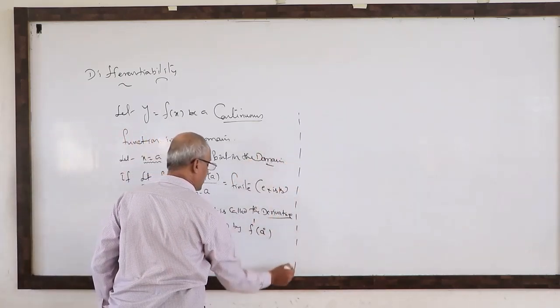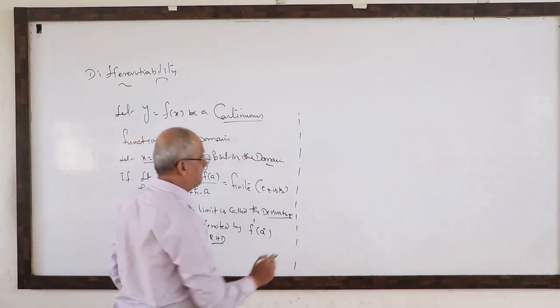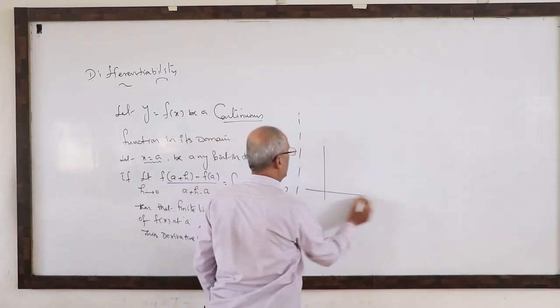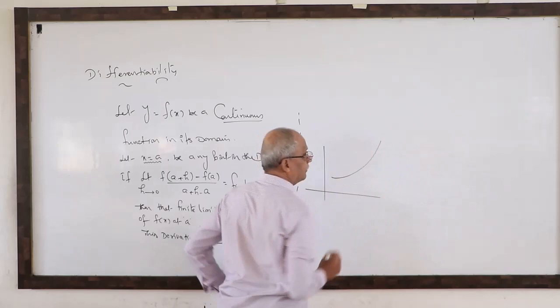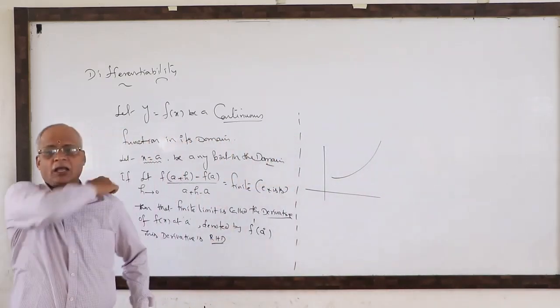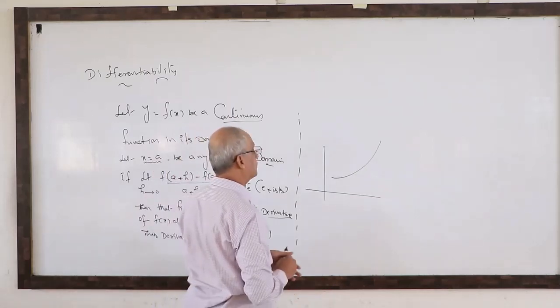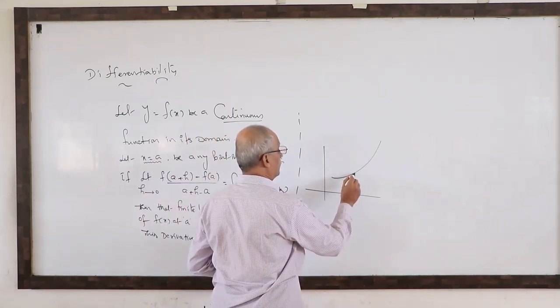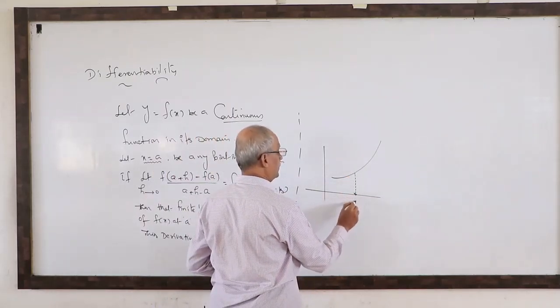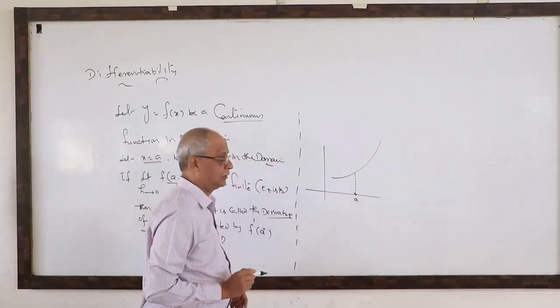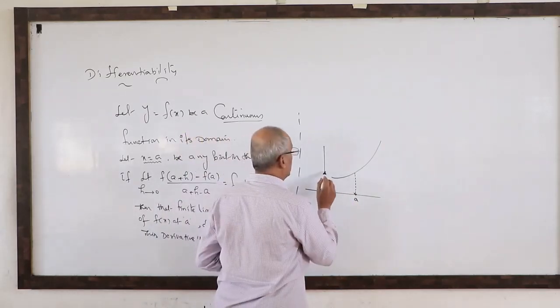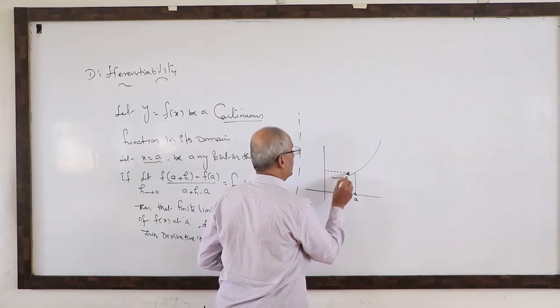What will be the diagram for this? Consider one graph, one function curve. You can draw it in any way, not only like this, any continuous curve. A is selected here. Its corresponding y coordinate is here.